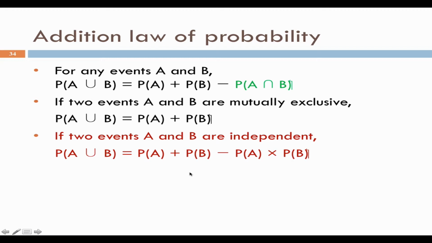So if the two events are independent, the probability of their union is the probability of A plus the probability of B minus their product. So this whole set of three rules is called the addition law of probability. And actually, you only need to understand this very first formula, and then you can use that to derive the next two, which are special cases.